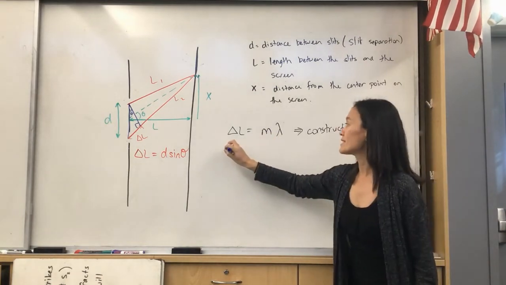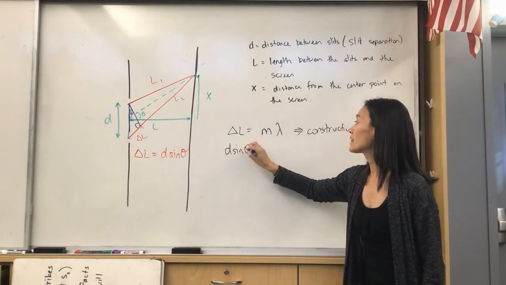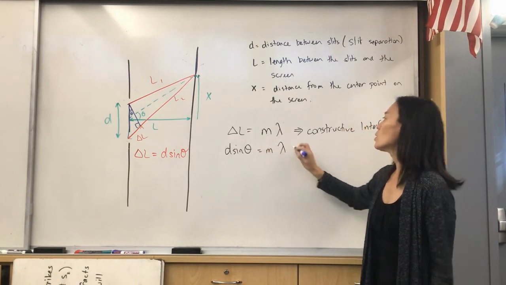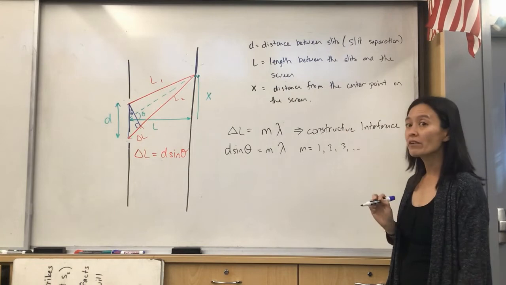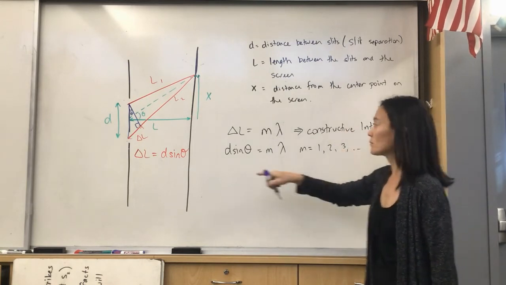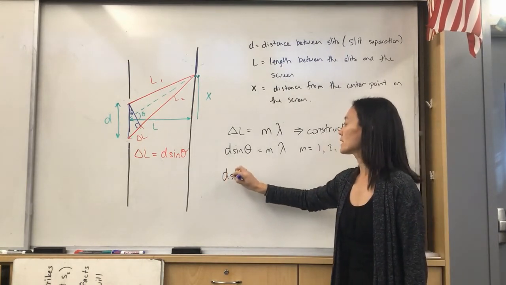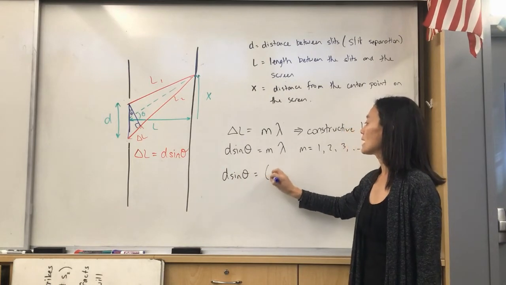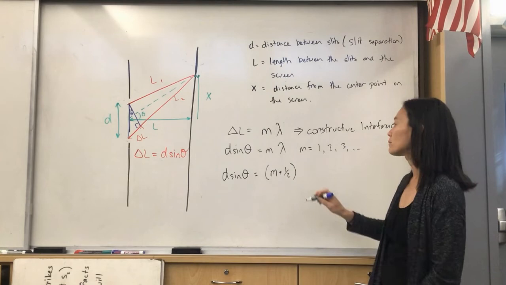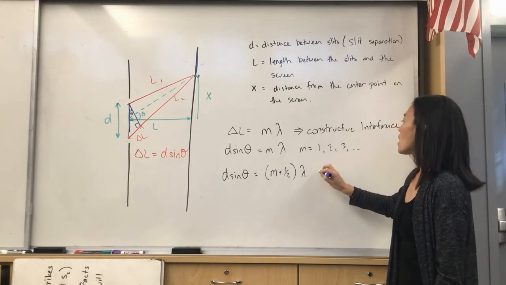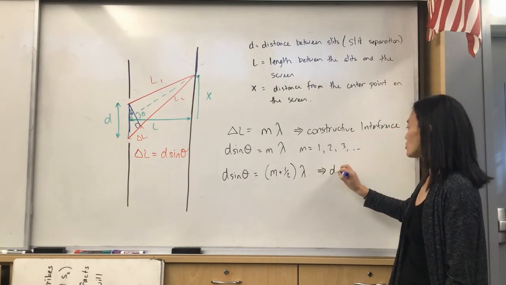Another way I could write this is d sine theta equals m lambda, where m is equal to 1, 2, 3, etc. I will have constructive interference. If d sine theta is equal to m plus a half lambda, if that extra little length is equal to m plus a half lambda, I will have destructive interference.